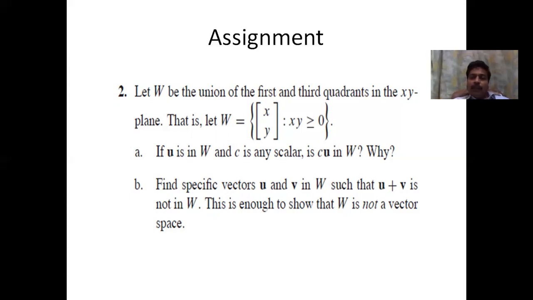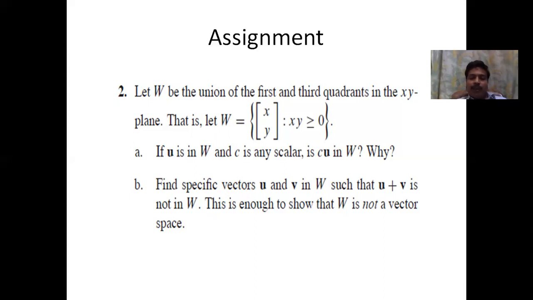If you multiply with a negative number, both coordinates will be positive and that vector will be in the first quadrant. The first quadrant is also in W. So this condition holds in W, where W is the union of the first and third quadrants.